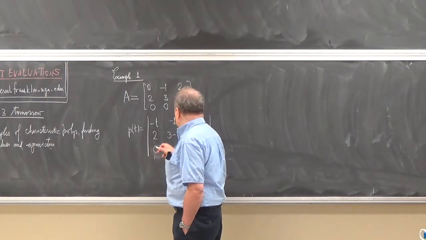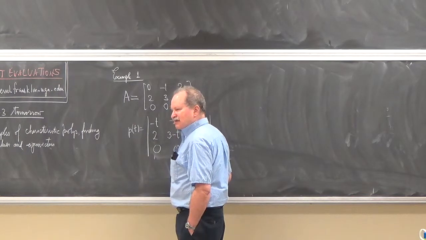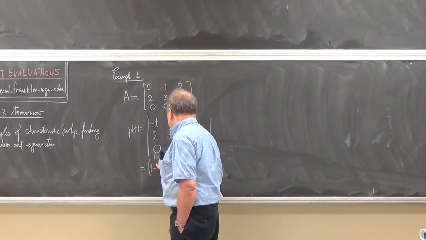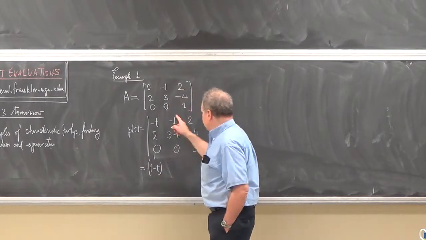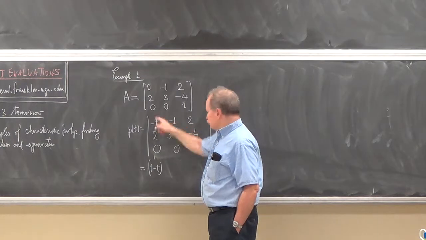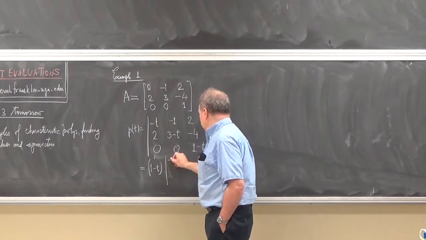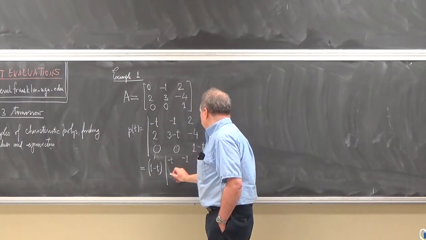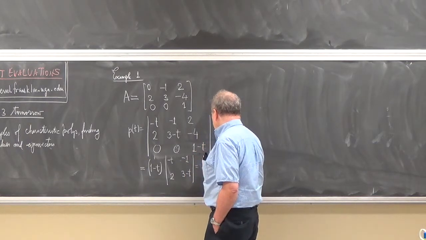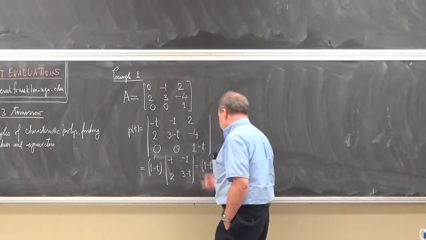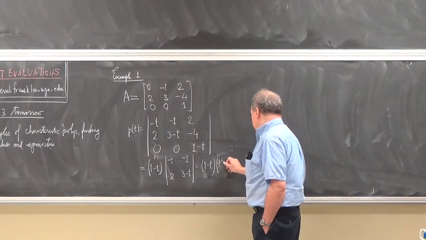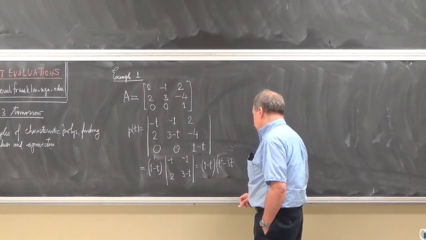So it's going to be positive because 3 plus 3 is even. 1 minus t times this determinant, right? So we get t squared minus 3t plus 2.